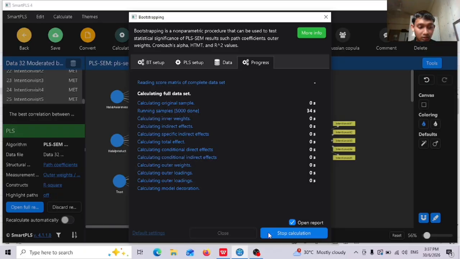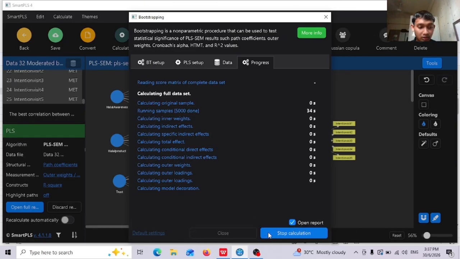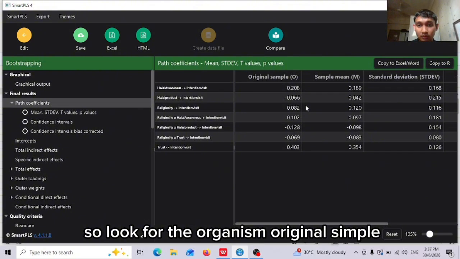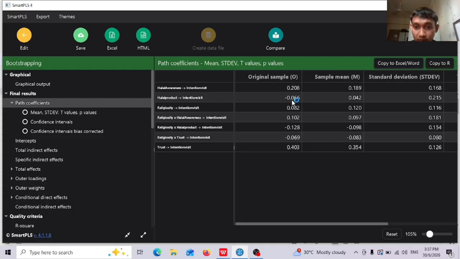Okay, now we are in the bootstrapping. First part, we look at the path coefficients with the t value and p value. Looking at the original sample, we have three negative.